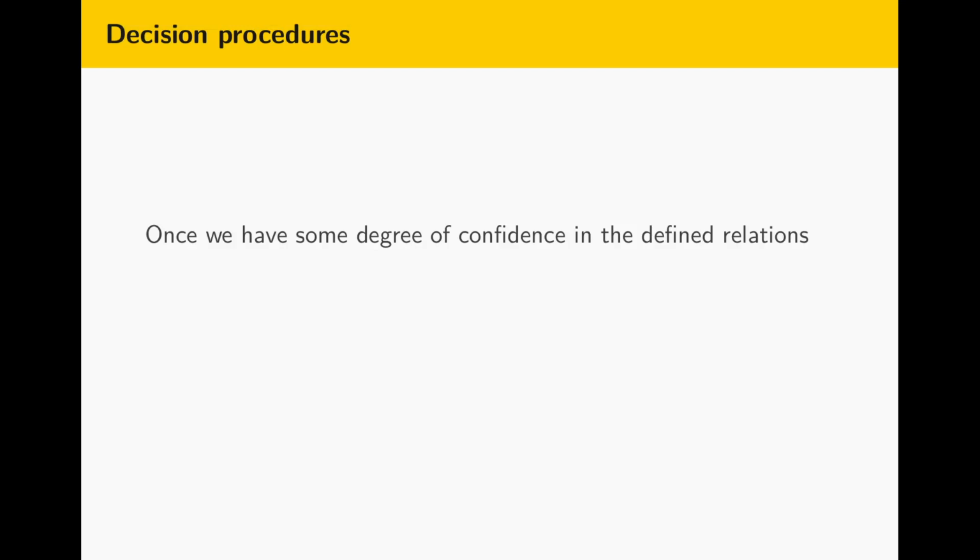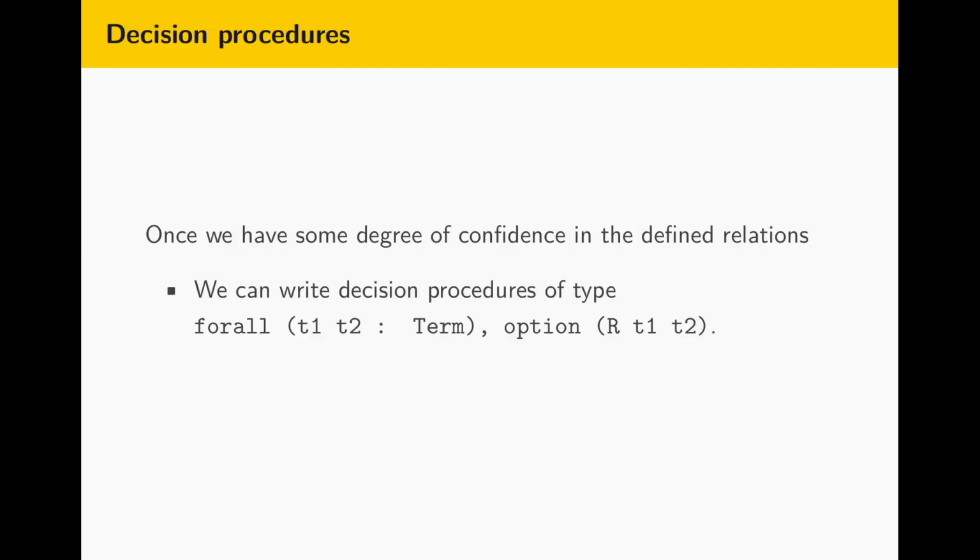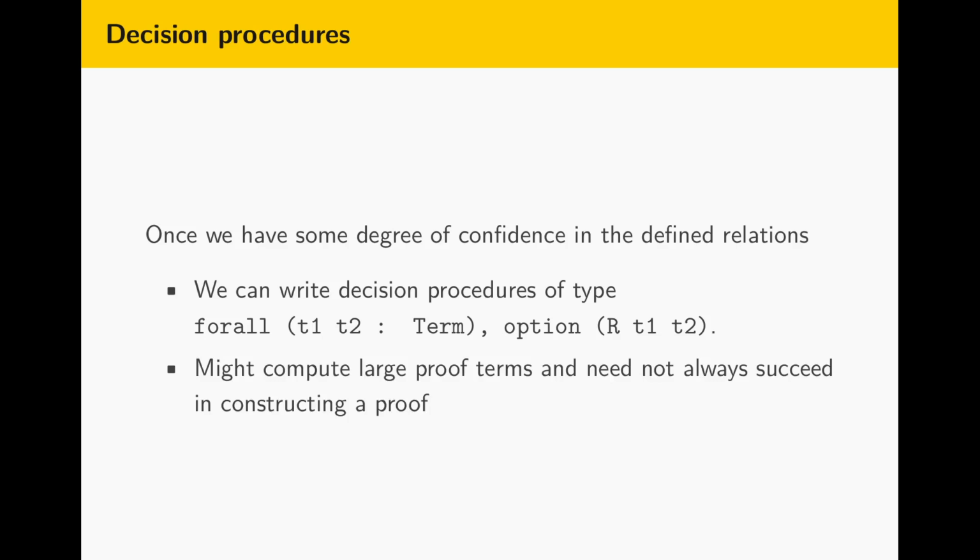Now, once we have some degree of confidence in the defined relation, we could define a function with the following dependent type, which says, given two program terms t1 and t2, it returns an optional derivation tree of the relation. Now, this might compute large proof terms when succeeding, and it's not always guaranteed to succeed when constructing a proof.